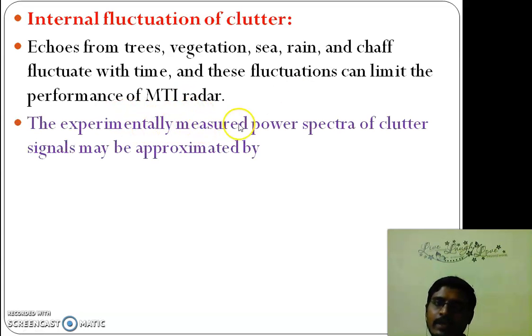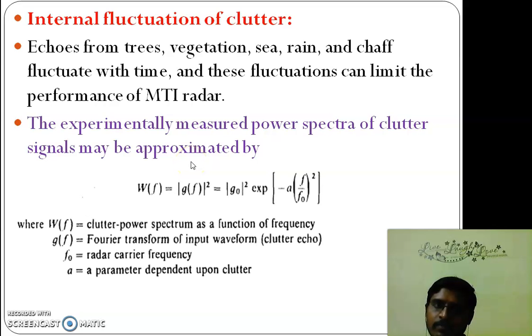The experimentally measured power spectra of clutter signals may be approximated by this formula. This is W of f, the clutter power spectrum as a function of frequency. G of f is the Fourier transform of the input waveform, the clutter echo.